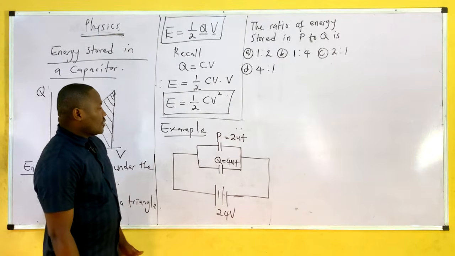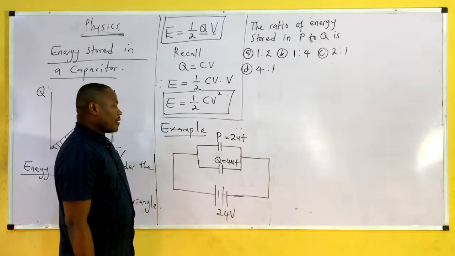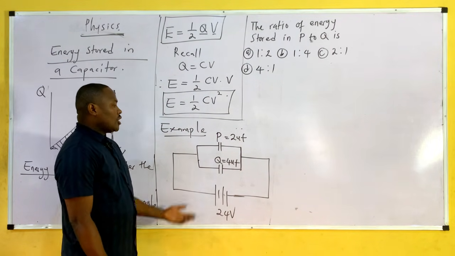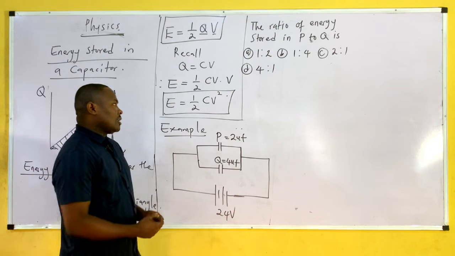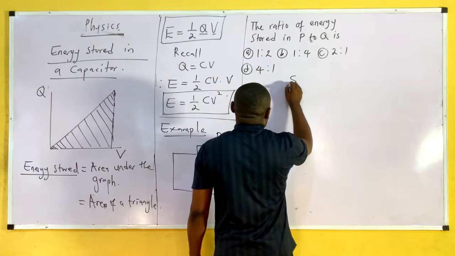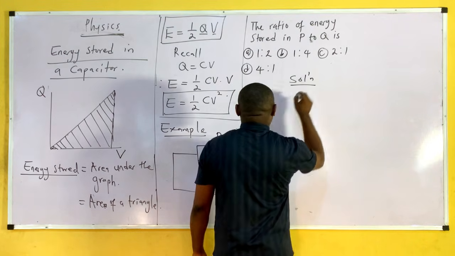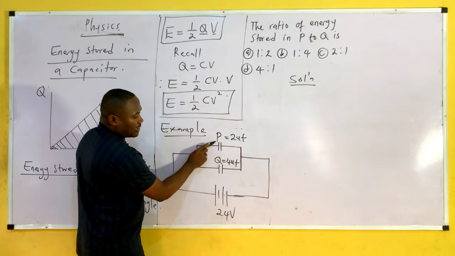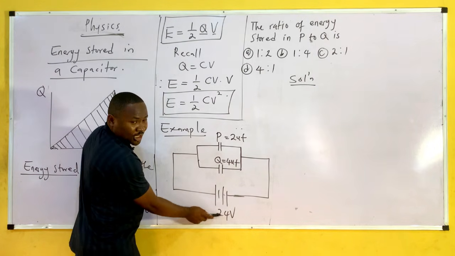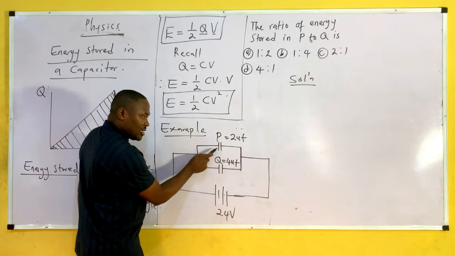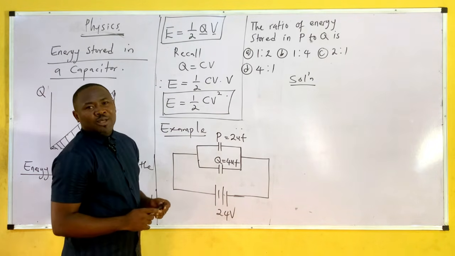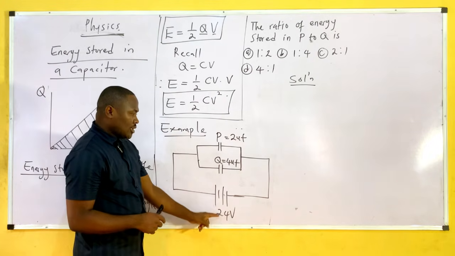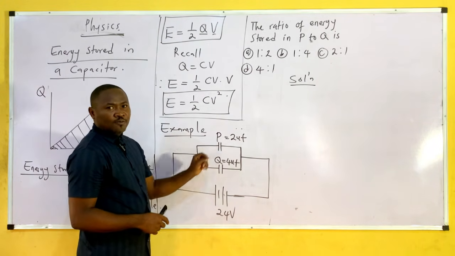Now we have a question with a circuit diagram: the ratio of energy stored in P to Q is dash. Let's see how we can solve such a question. Solution. Remember, these two circuits are in parallel. Hence, the voltage here is the voltage here is the voltage here. This could be an exam question and this will just throw you off balance, not knowing that the voltage is the same across each.